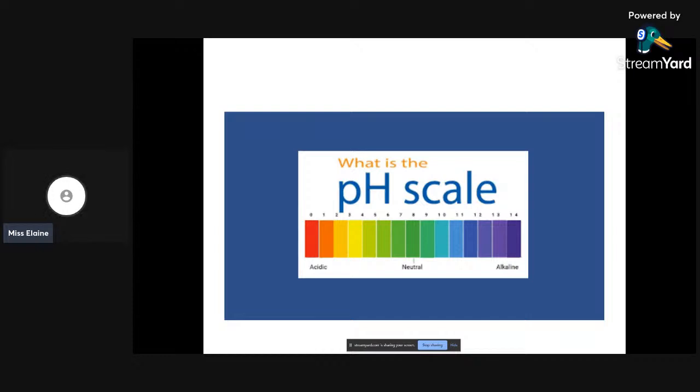So, what is the pH scale? You always see this. How about products like feminine wash? They have a pH scale, right? How about facial cleanser or serum?